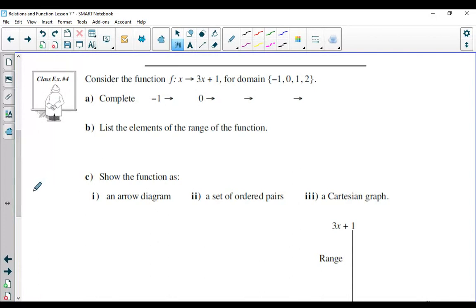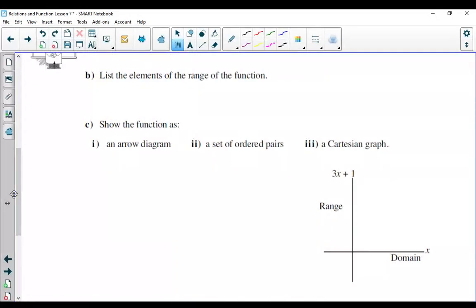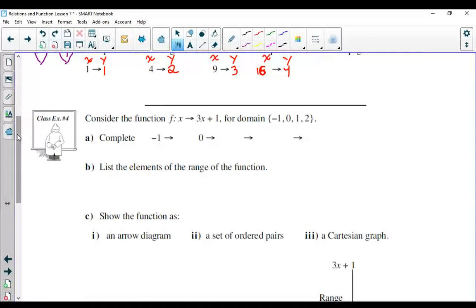Okay, let's look at this example. I think this is actually where the lesson ends, unless I'm mistaken, but I'm pretty sure that's where it goes to. Okay, consider the function. Again, f is just an abbreviation for function where x relates to y.